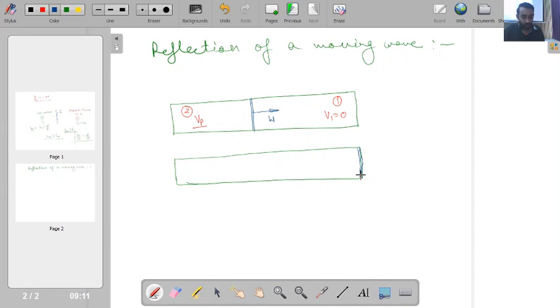Okay, so we know that in the case of oblique shock waves, we have studied that if we have one incident shock wave, when it touches a solid boundary, it will be reflected as a shock wave only.